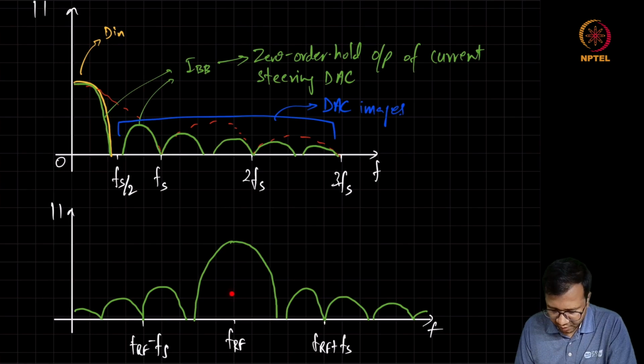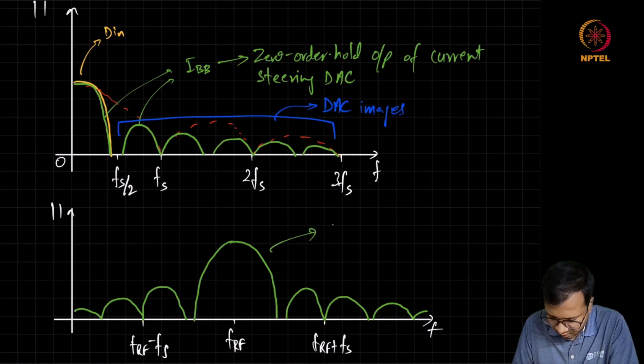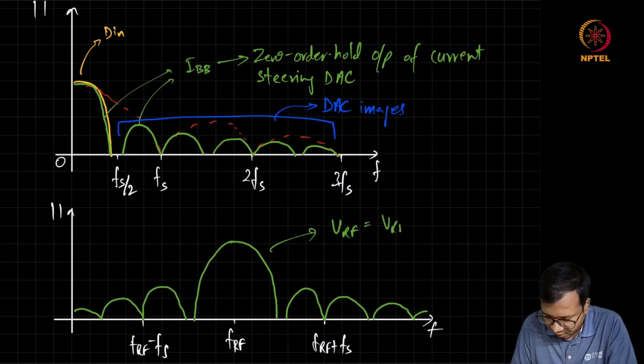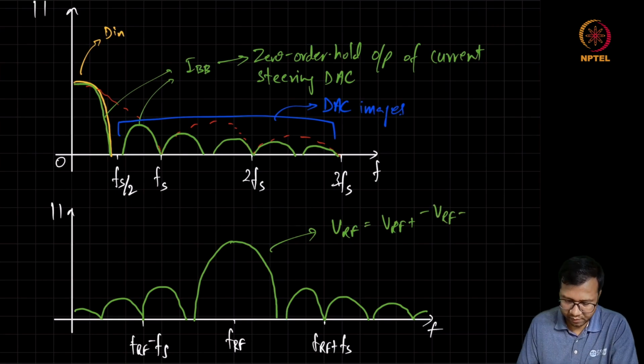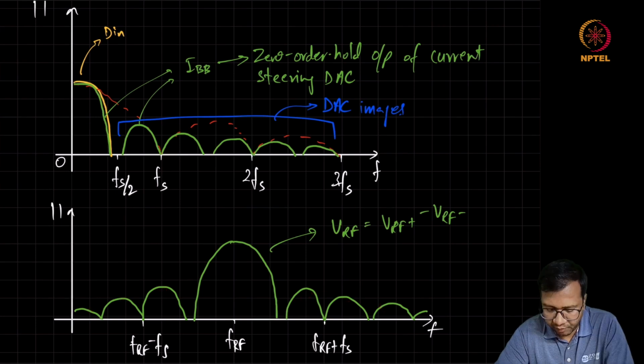Now we can see that at the RF output, here is your VRF plus minus VRF minus. So at the RF output, we are going to have all these images, which will also get amplified by the succeeding stages and be transmitted.